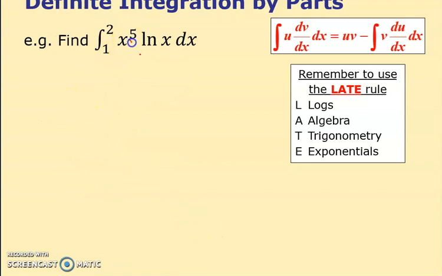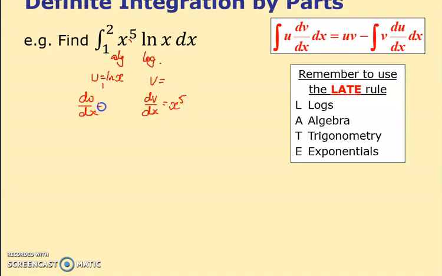Third example, x to the 5 times log x. So this time this is an algebraic thing, but this is a log thing. So this is unusual where the algebraic thing isn't the u. My u will be the log x, du by dx, v, dv by dx is x to the 5.